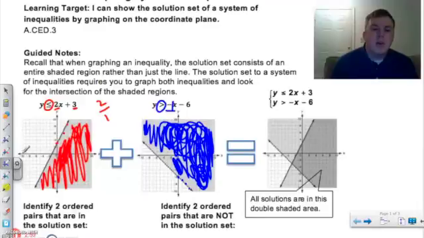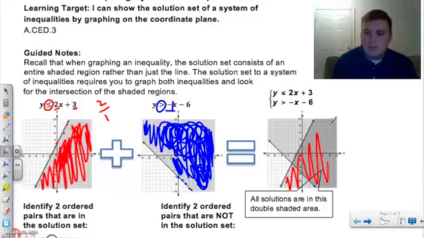Now, we aren't going to expect you to graph one on each individual coordinate plane. What we're going to expect you to do with systems of inequalities is to graph them together on the same coordinate plane so we can see where they overlap. If we look at this example over here, this has both. You can see our first example, the solid line with the y-intercept of 3 and the slope of 2, and its shaded region over here.